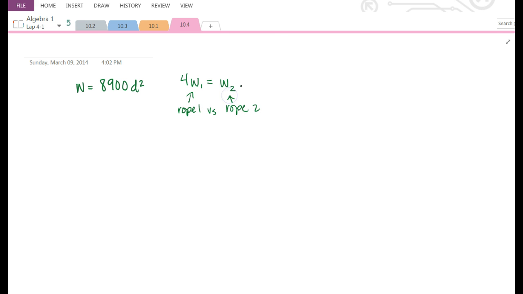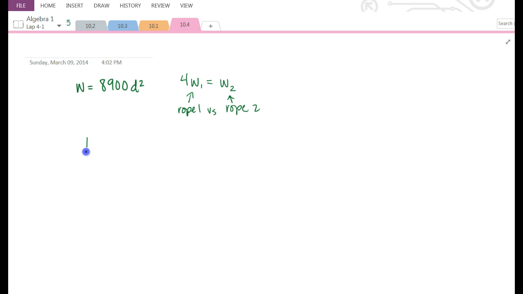If rope 2 has 4 times the breaking strength of rope 1, does it have 4 times the diameter? Well, let's look at what happens to the diameter.